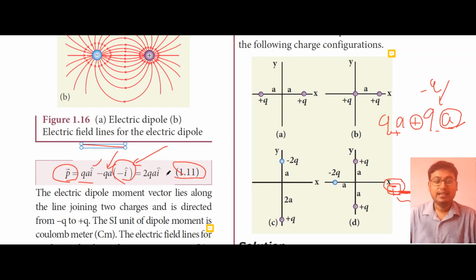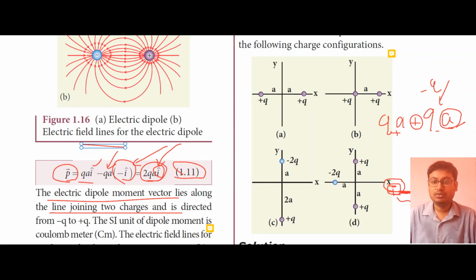As it suggests, the magnitude of the dipole will be 2 into q into a, and the direction is positive i cap, that means from the origin towards the positive x-axis. So I hope you understand this topic well. The electric dipole moment vector lies along the line joining the two charges and is directed from the negative charge to the positive charge.